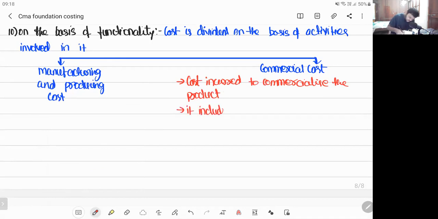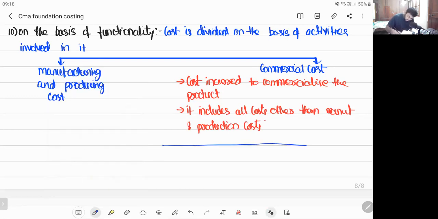It includes all costs other than manufacturing and production costs. So on the base of commercial cost classification, we can divide the costs further somewhat like this. What are the costs other than manufacturing or production cost?